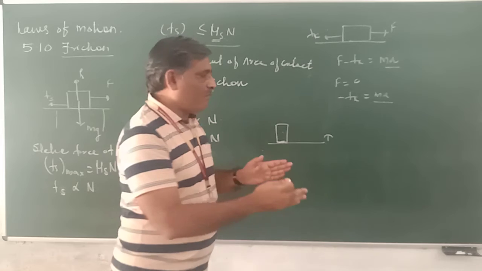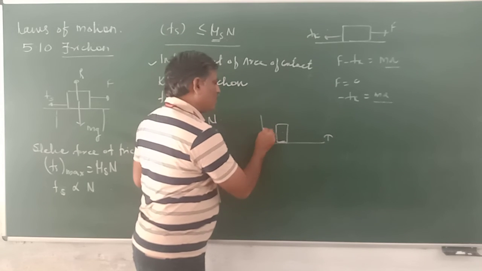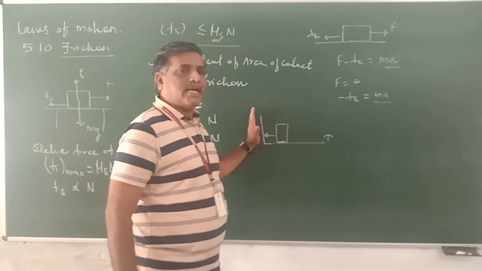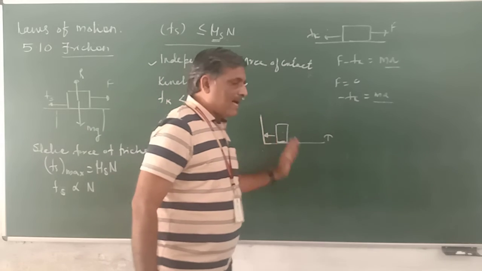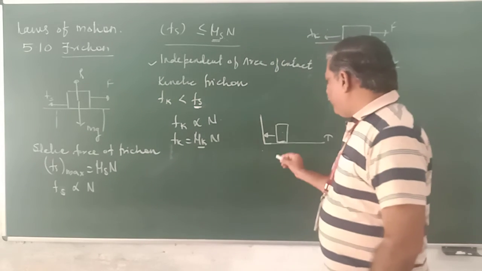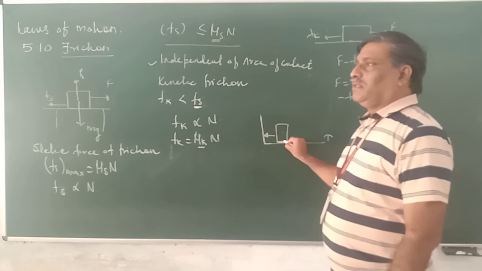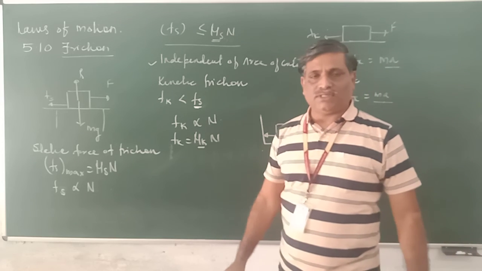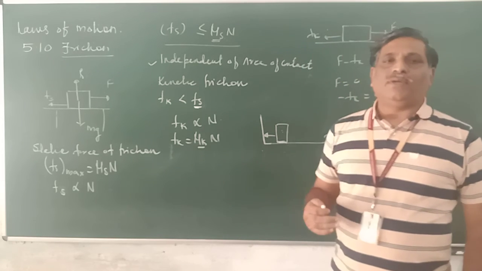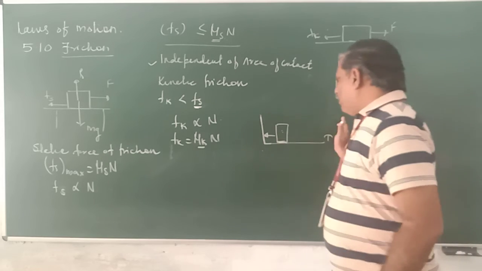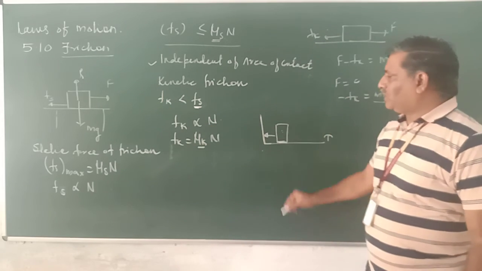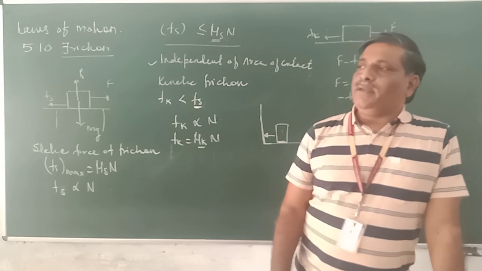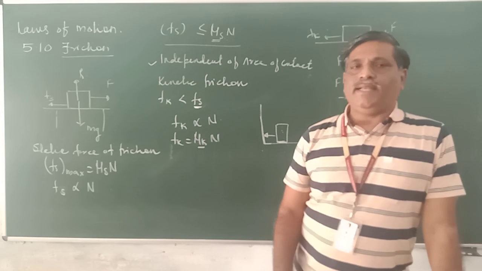Then the box will just move in the backward direction and will be stopped by this side of the bogie. It means that the box is accelerated because of friction between the surface of the bogie and the surface of the box. This is a very important thing. Whenever friction is absent, the box will move in the opposite direction and will be stopped by this side of the bogie. These are important things in the case of kinetic friction.